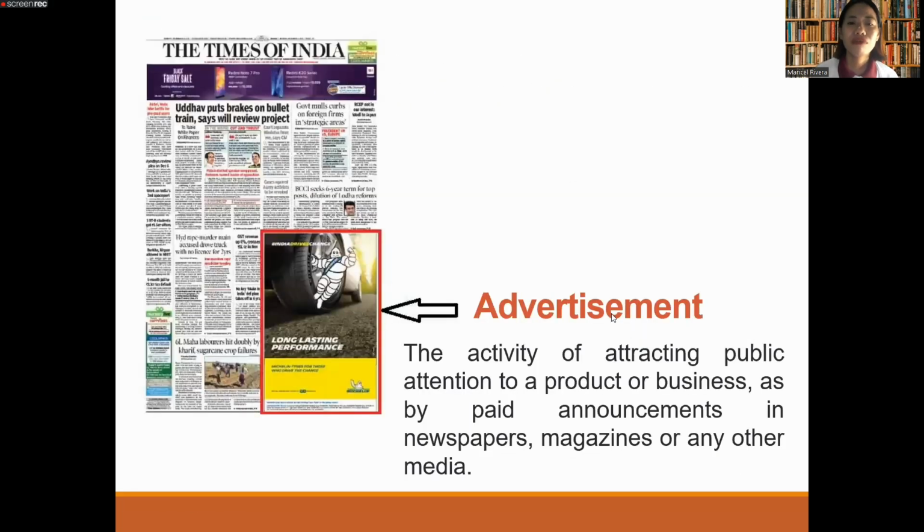And then we have the advertisement. The advertisement class is so easy to understand because you know if this is an advertisement or not. Also, newspapers can monetize that kind of activity. Advertisement is the activity of attracting public attention to a product or business by paid announcement in newspapers, magazines, or other media.